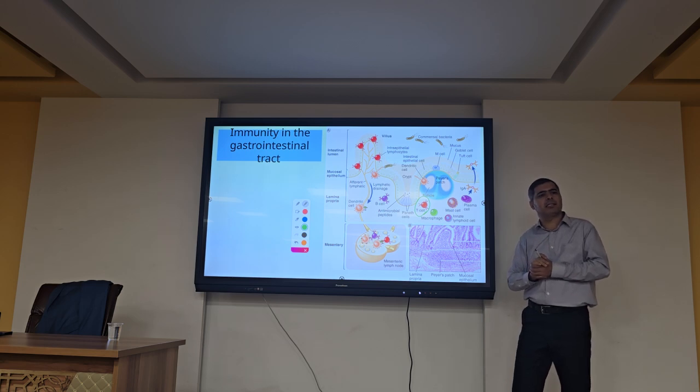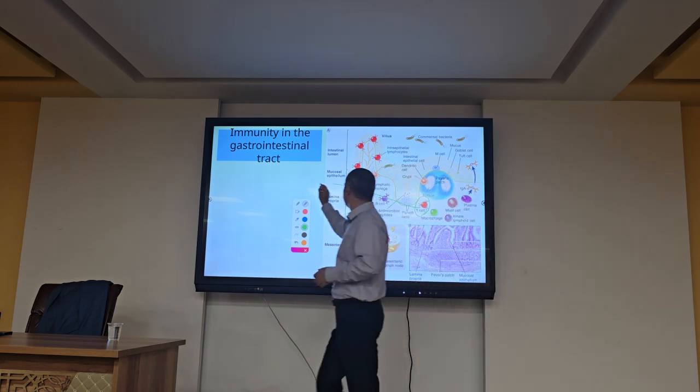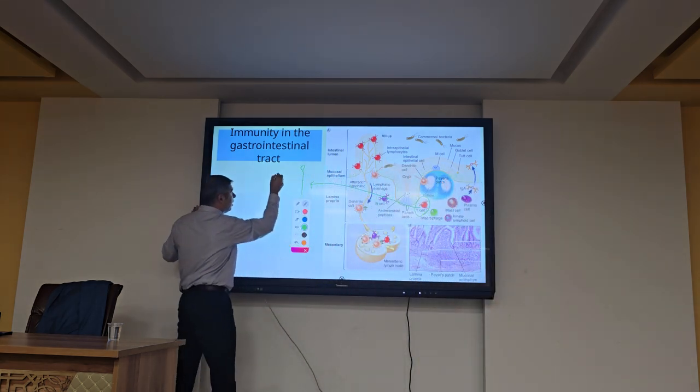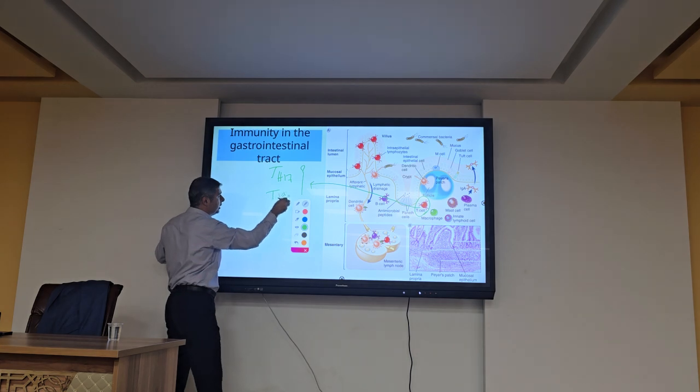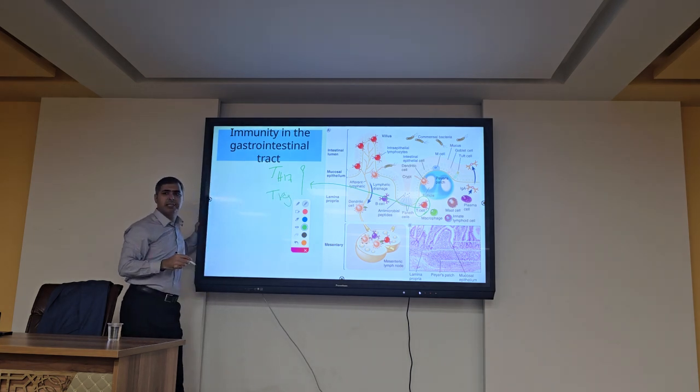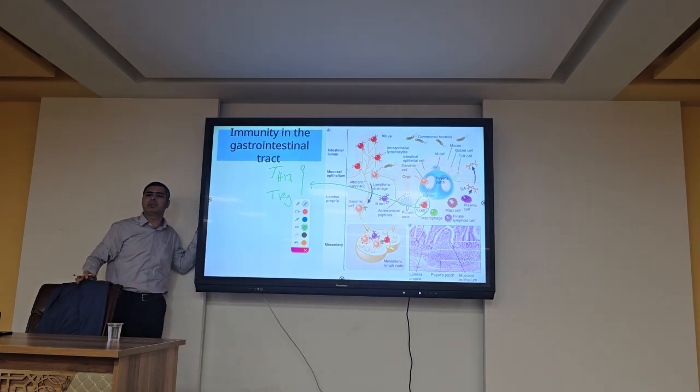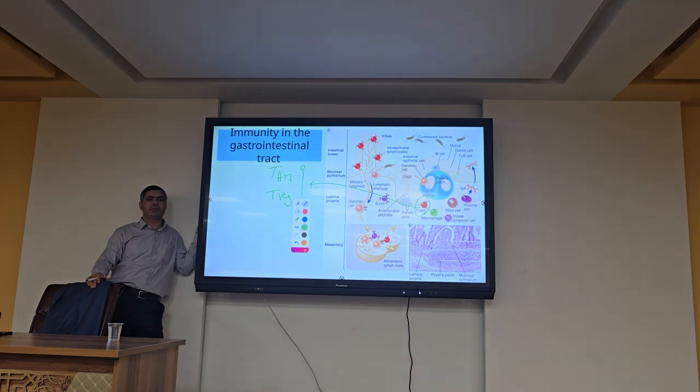The main T cells of the connective tissue are T helper 17 and T regulatory cells. What do you know of these cells, T helper 17 and regulatory T cells? What do you remember? Regulatory: stop the immune response.